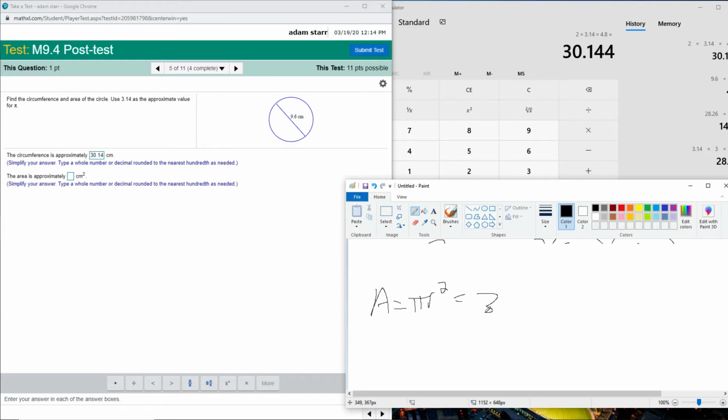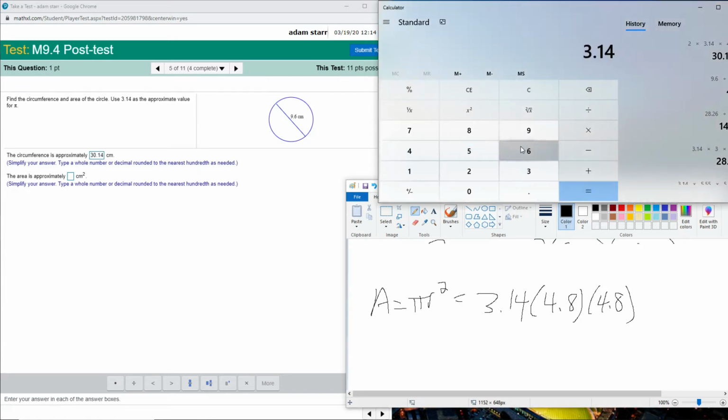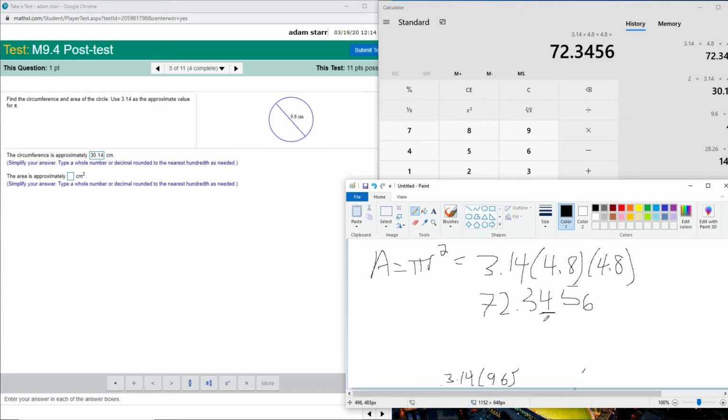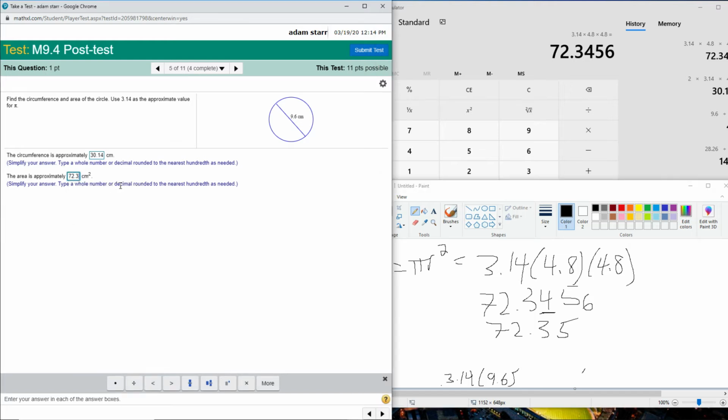So this would be 3.14 times 4.8 times 4.8. Which is 72.3456. Again, round to the nearest hundredth. That's this 4, but the 5 is to the right, which means it's going to round up to 72.35 as the area there.